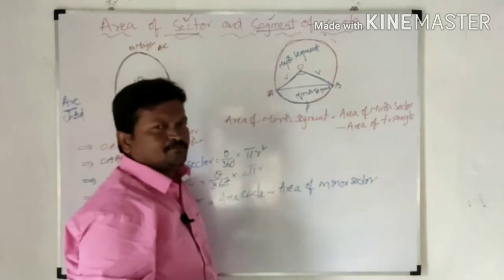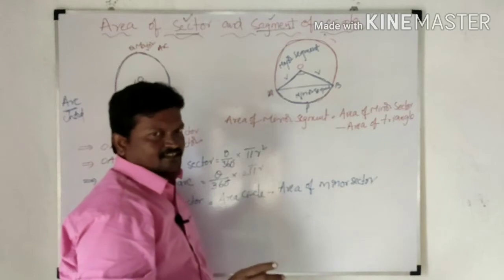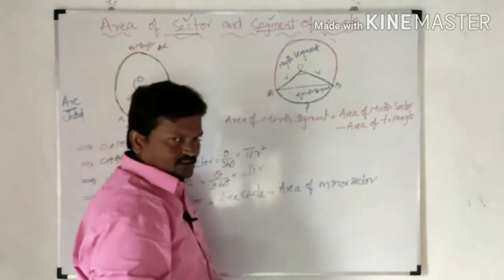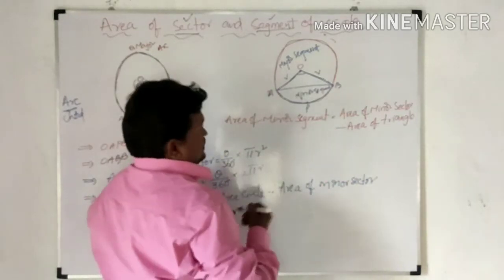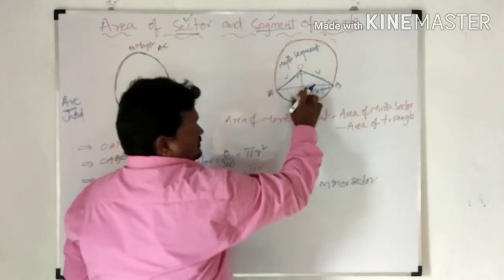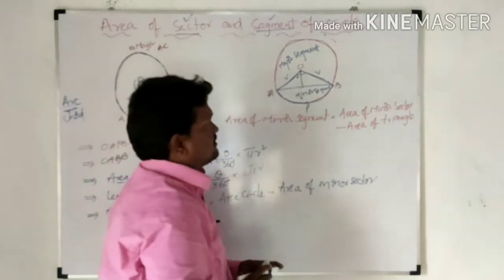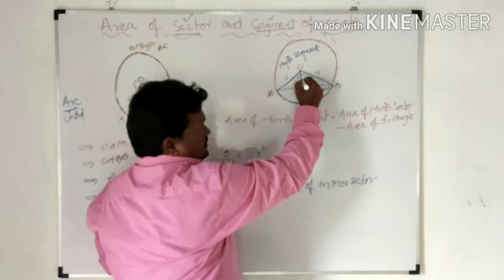Mostly it will be an isosceles triangle, and this is the base. For example, this is the angle theta. If we take an angular bisector of angle O, then this is the base.